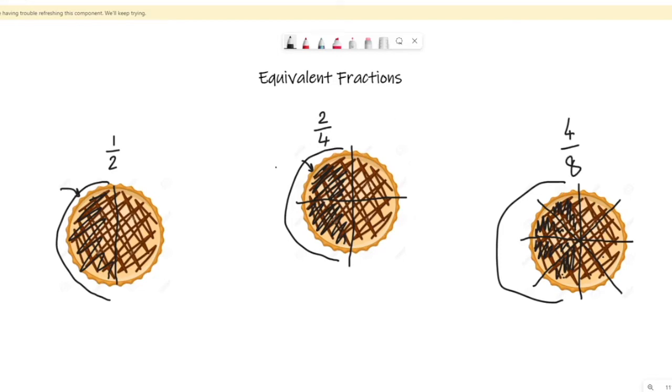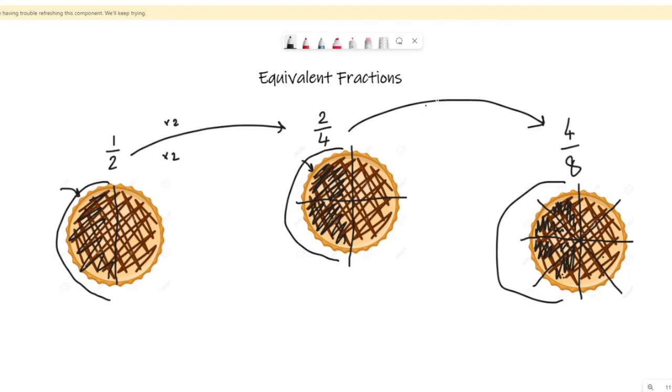So you see, we all know the value of all these 3 fractions is the same, but they show different numbers. You can see a pattern between these, from 1/2 to 2/4, from 2/4 to 4/8. What is the pattern? 1 became 2, meaning we are multiplying it by 2, and 2 became 4, we are multiplying it by 2 again.